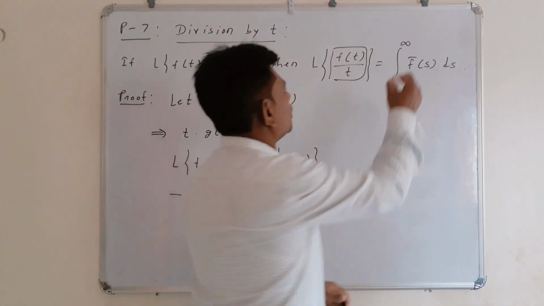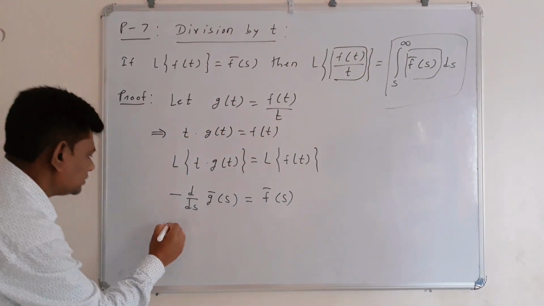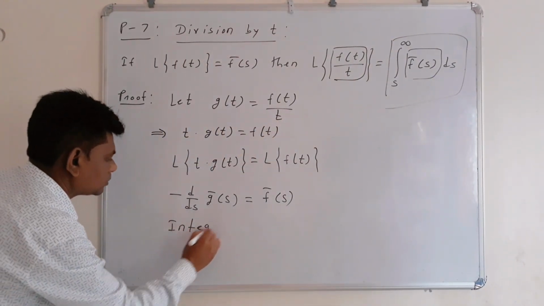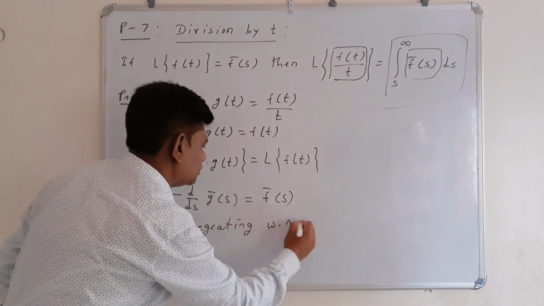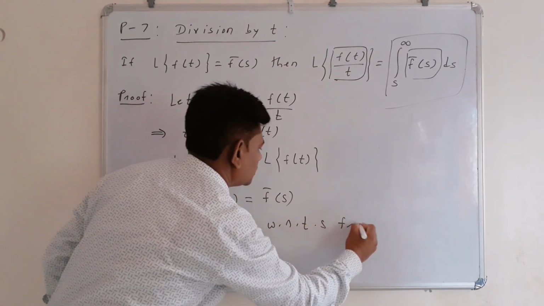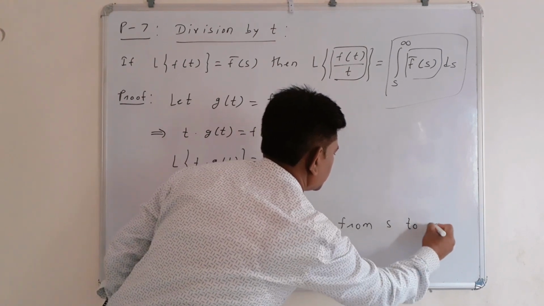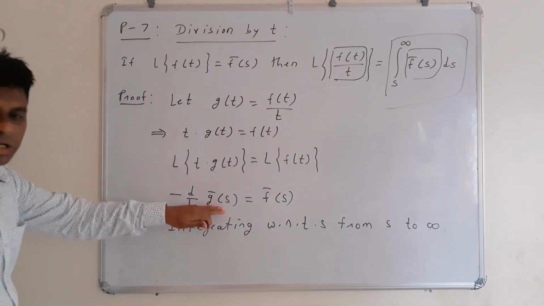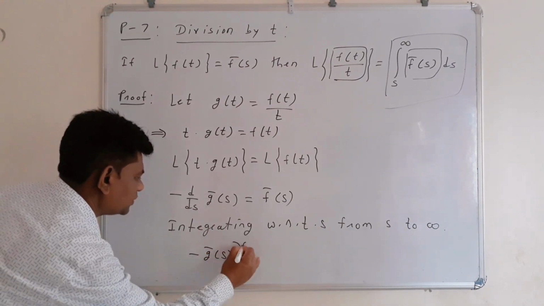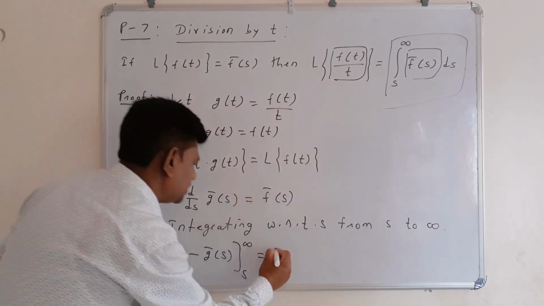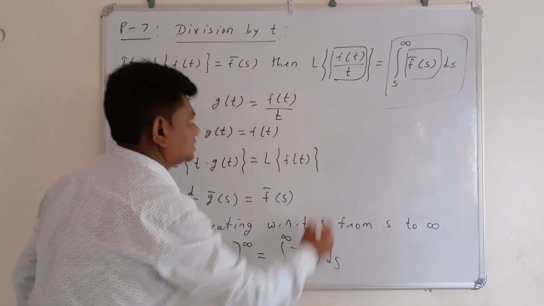Now integrating this with respect to s with limits s to infinity, its integration is minus g bar s with limits s to infinity, which is equal to the integration from s to infinity of f bar s ds.